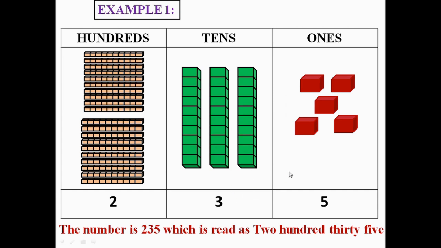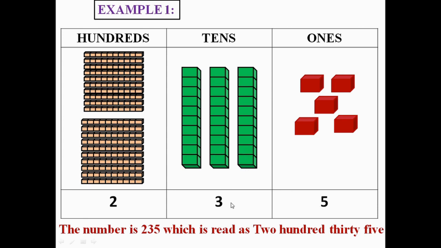So we know that the single cubes represent ones. There are 5 cubes. 1, 2, 3, 4, 5. So we have written the number 5 under the ones column. There are 3 tens.